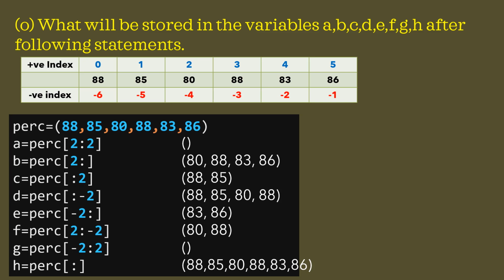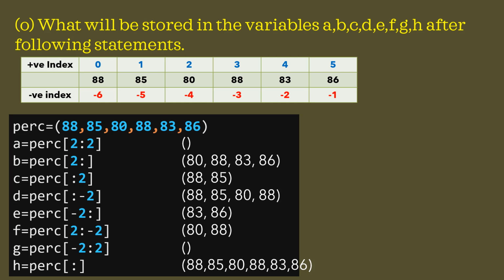Next, G is equal to pers of minus 2 colon 2. Okay, so the starting index is minus 2 and the stop index is 2. So this is not possible because always the values will be collected from left to right, not from right to left.